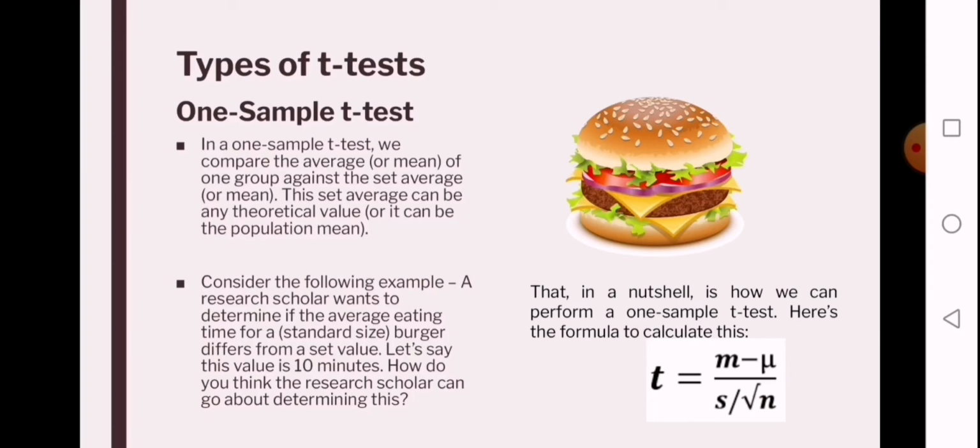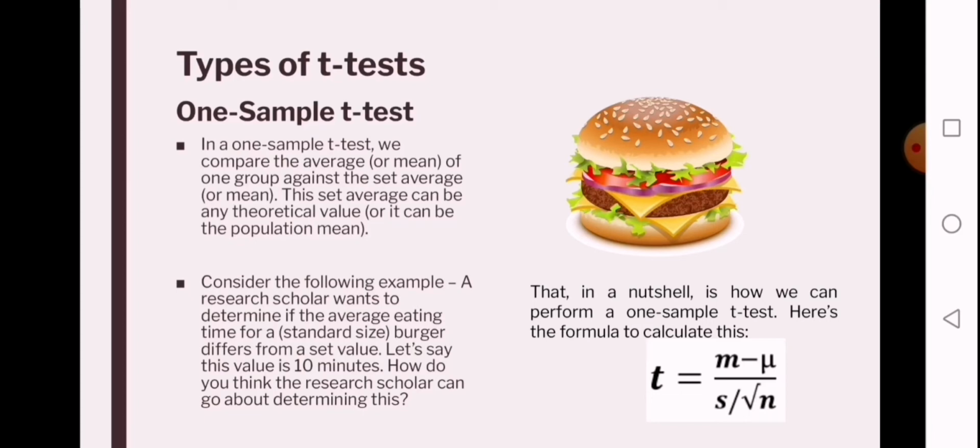A research scholar wants to determine if the average eating time of a burger differs from a set value. So let's say this value is 10 minutes. How do you think the research scholar can go about determining this?